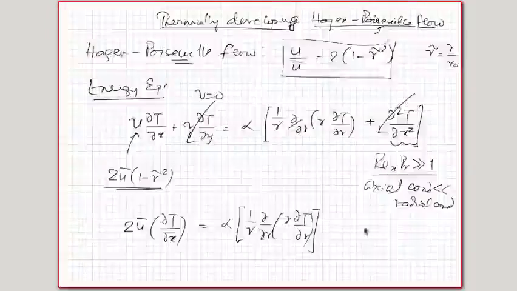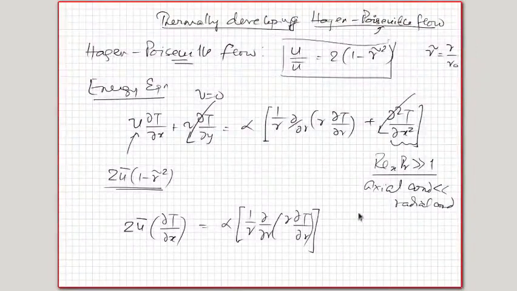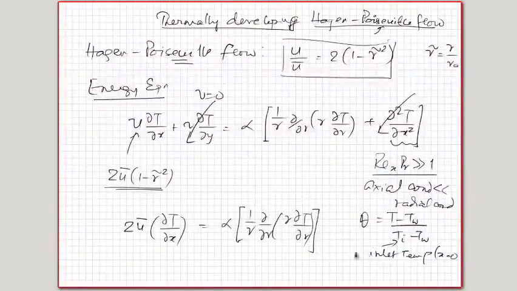Okay. So now I can non-dimensionalize this equation using theta is equal to T minus T wall divided by Ti minus T wall, where Ti is the inlet temperature, that is the temperature at x is equal to 0.